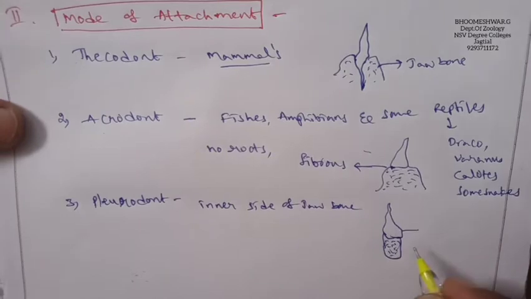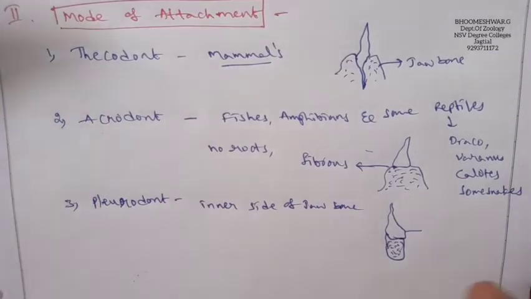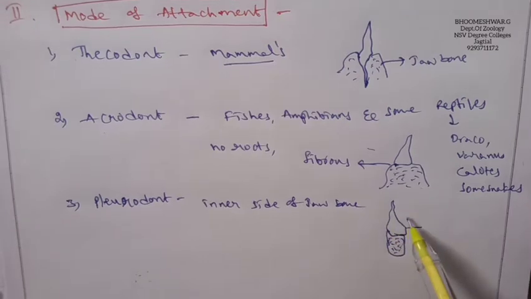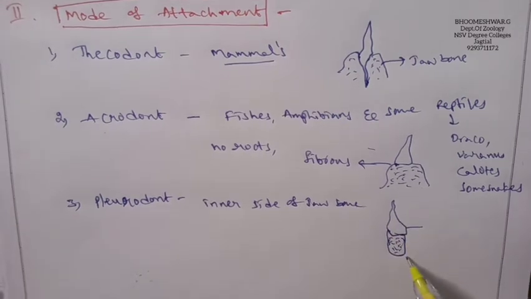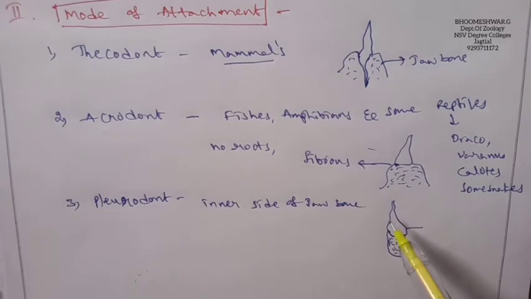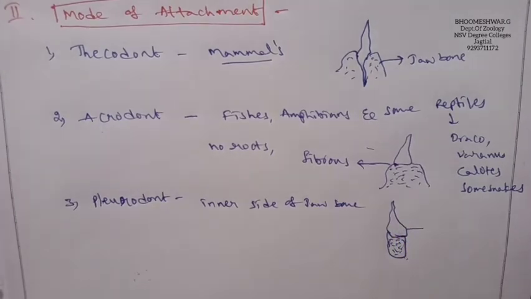This type of teeth is named Pleurodont, and these teeth touch the bone only with the outer surface. At the same time, there are no roots, and nerves and blood vessels do not enter the pulp cavity at the base.